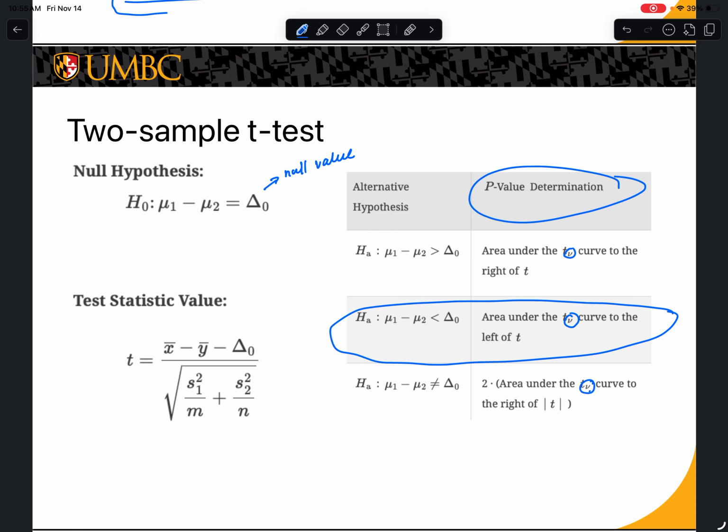I want the area under the t curve with the correct degrees of freedom to the left of t. Just remember, the t-table doesn't give you left tail probabilities, it gives you right tail probabilities. So whatever we look up in the table, we have to do some subtraction to find the area to the left of t.